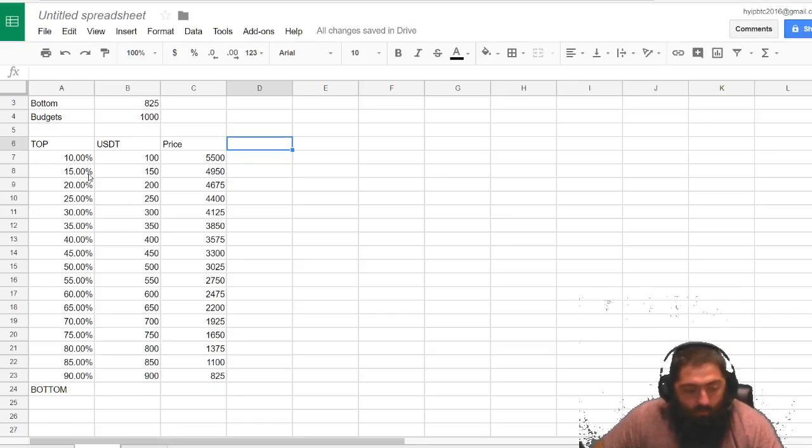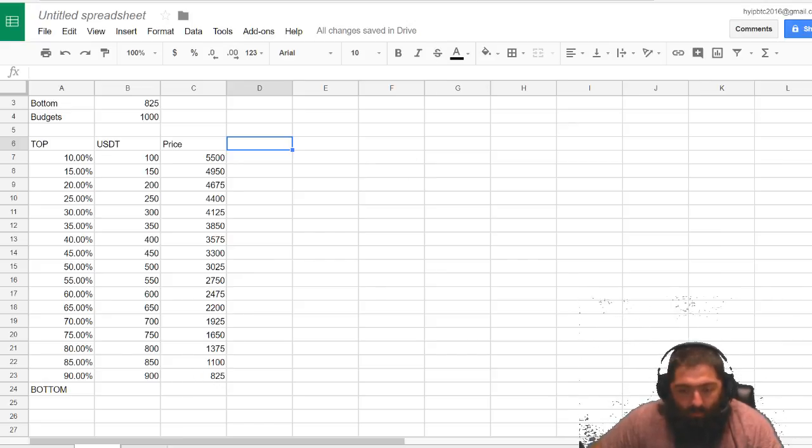And then I do 15%, which is $150. So if the price is at $5,500 and it drops down to $49.50, I buy another $50 worth. Does that make sense? And we just keep going down the chart. So once we have these numbers, these are our base prices of where we should be, or where I should be.